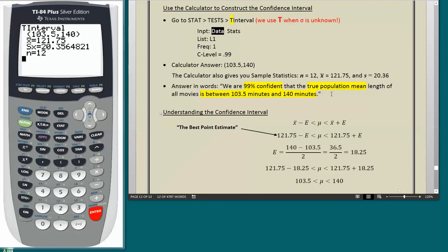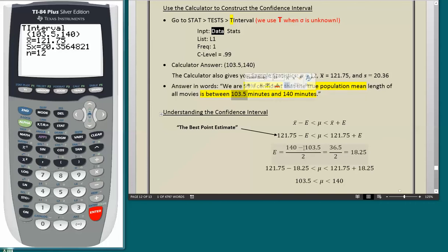X bar, in this case the calculator told me x bar. I could have calculated it separately, but the calculator told me that x bar is 121.75. So that goes in place of this x bar, and that same number goes in place of this x bar. Now the shortcut to calculate E, the margin of error, is to take the high end of the confidence interval, there's your 140, subtract the low end of the confidence interval, that's 103.5, and then divide that result by 2.